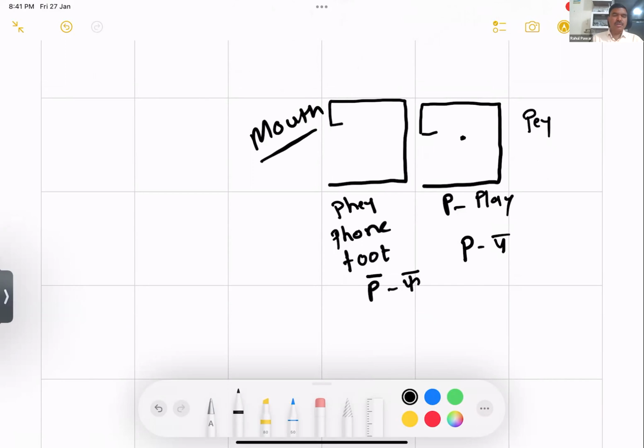In your workbook, at the end of the chapter, there are square boxes. Otherwise, I will send you a PDF file. You have to take a printout of that PDF file, and practice all these letters of the alphabet in a square box.